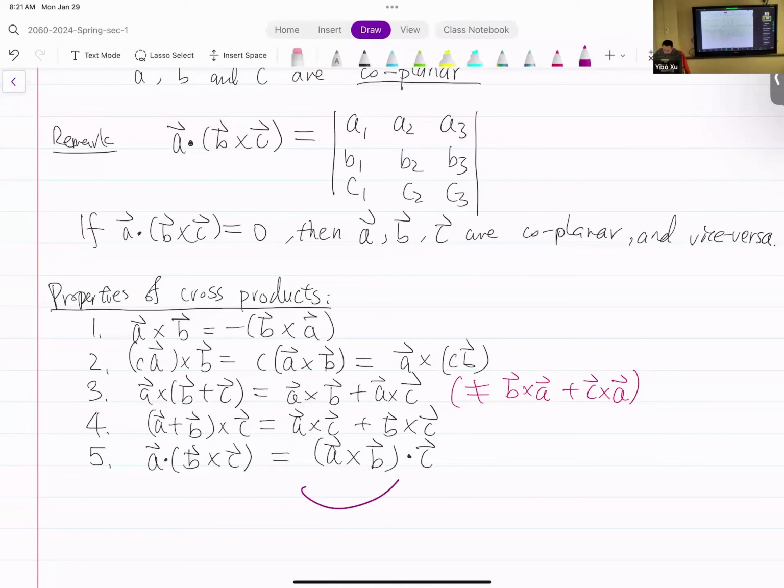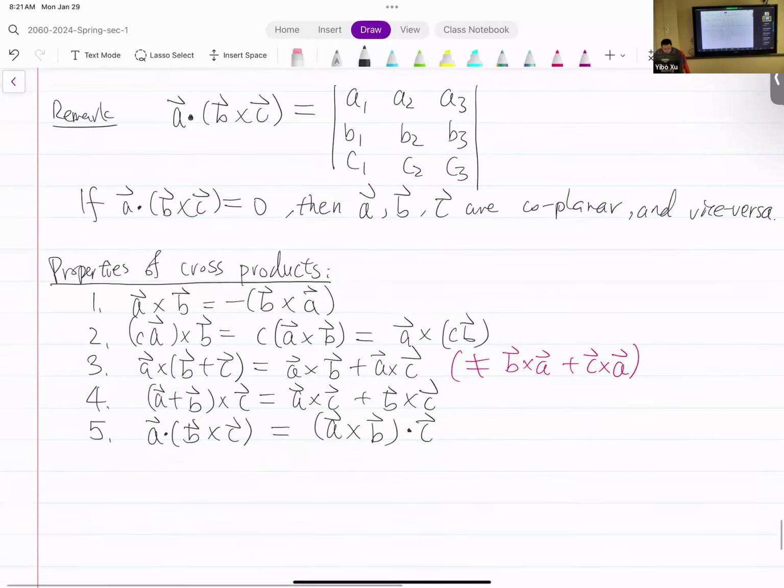And basically, it just means that if you do B cross A dotting C, that's just going to give you the negation of the left-hand side, right? So things like that. This one is particularly interesting for you to verify.